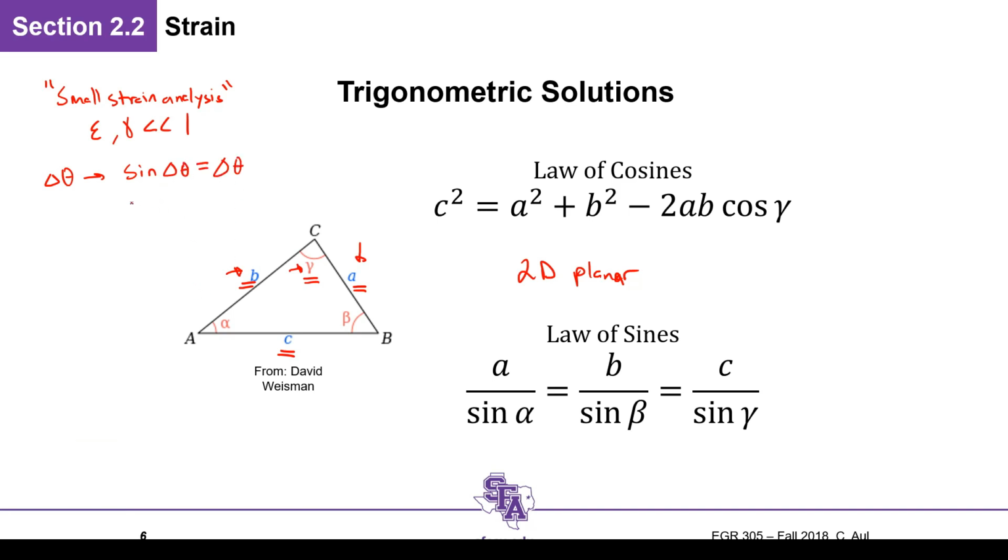And this is kind of our small angle approximation. Cosine of delta theta will be equal to 1, and then the tan of delta theta will be equal to delta theta, okay? This is kind of our small strain analysis, and you can use this to get a good measure of what's going on. This comes from trigonometry here.